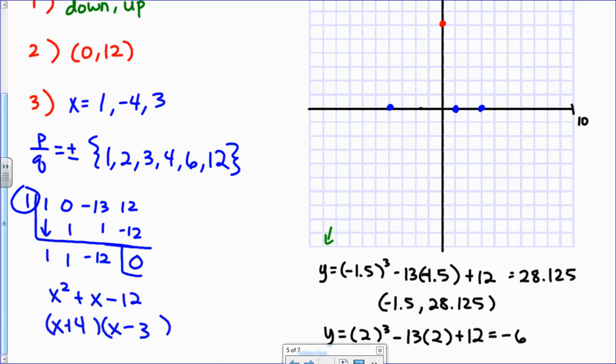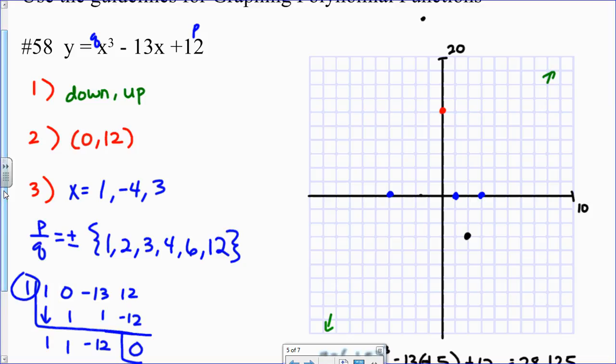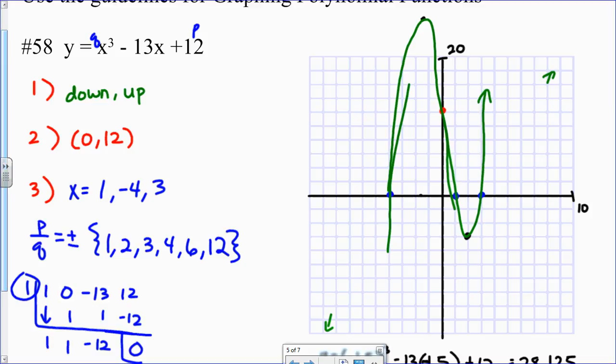Okay. All right, now we can draw that. So, wow, sorry, that was very ugly.